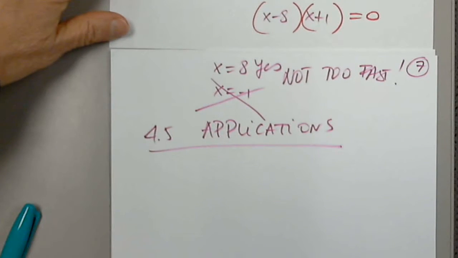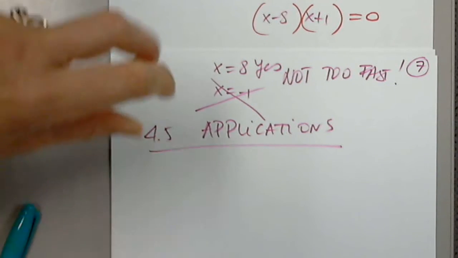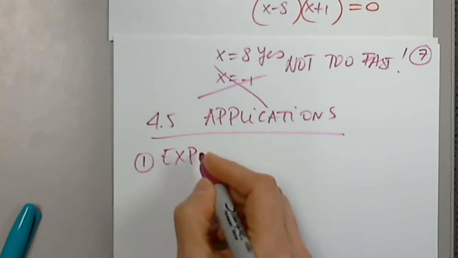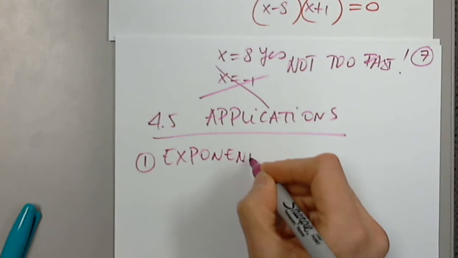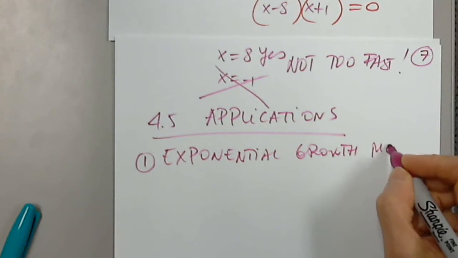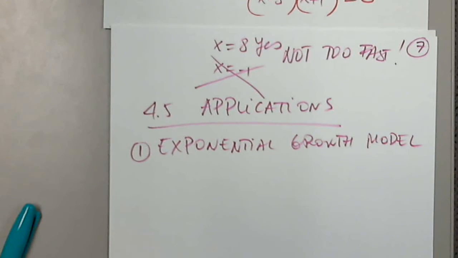Okay, applications. There are a few models in this section. Here's the first one: exponential growth model. You do not have to memorize it. It will be given to you.